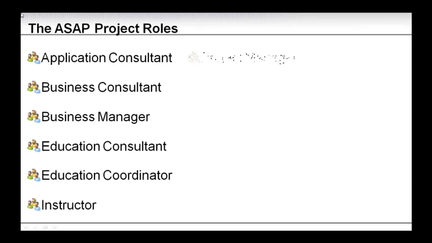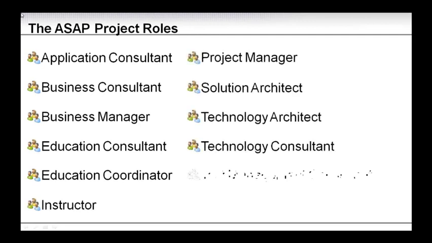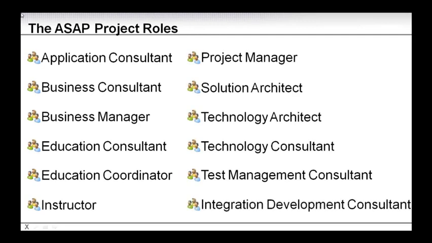But these are the key SAP project roles: application consultants, business manager, education consultant, education coordinator, instructor, project manager, very key role, solution architects, technology architect, technology consultant, test management consultant, and integration development consultant.